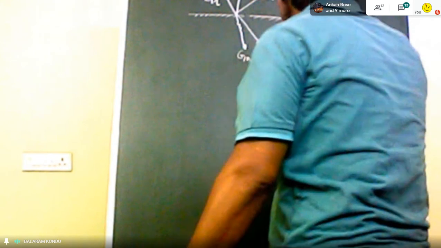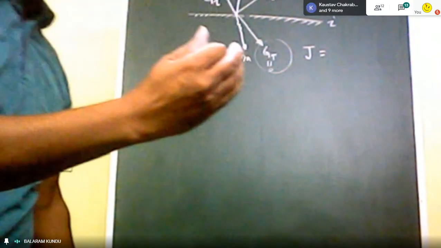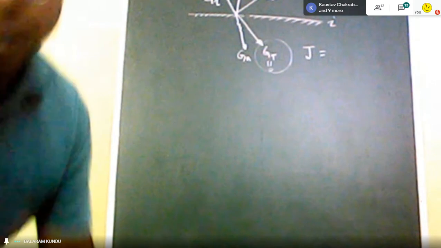So from this diagram, capital J equals what? Conceptually, J equals radiosity, which means radiation energy leaving the surface I per unit area.